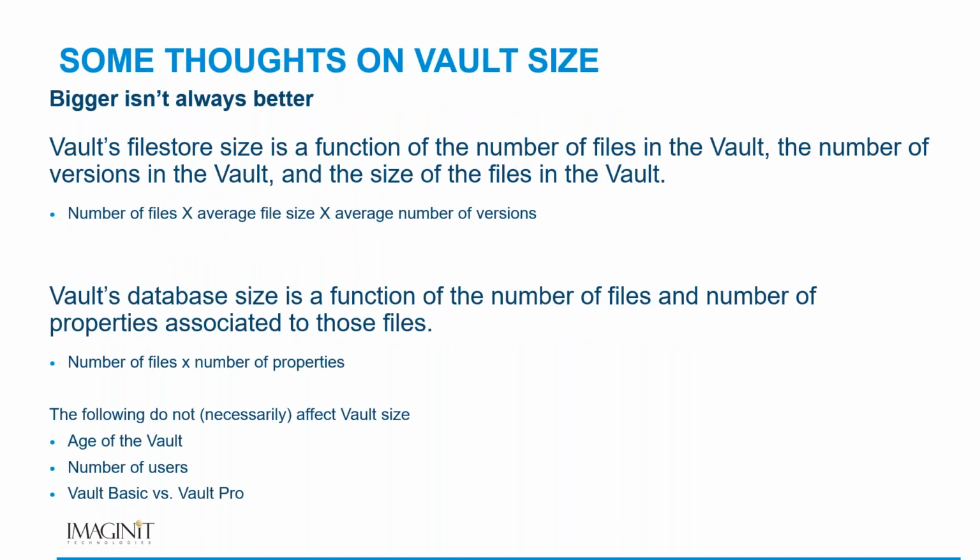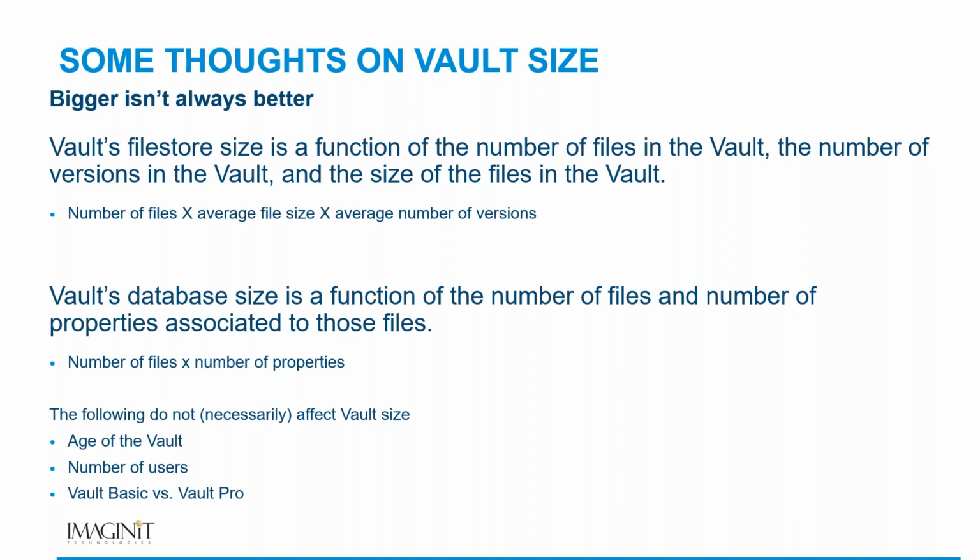some things to think about, and this is how Vault size gets there. The file store is a function of the number of files in the Vault, the number of versions of those files, and the size of those files. So it's the number of files times average file size times average number of versions, right?